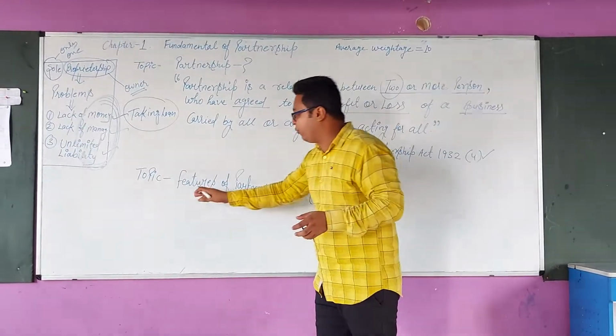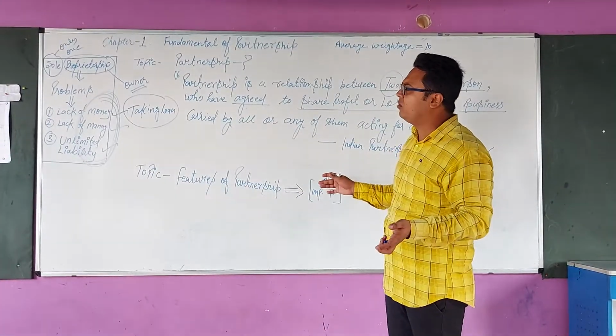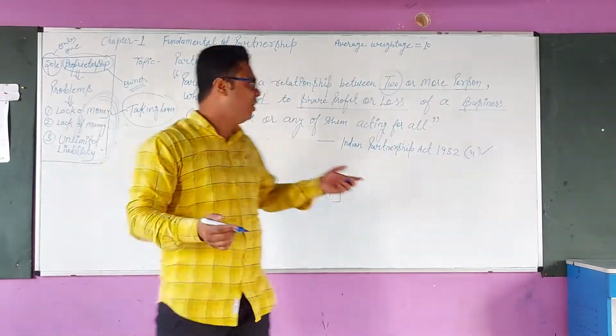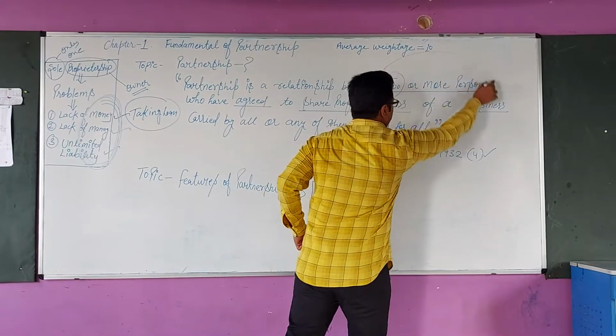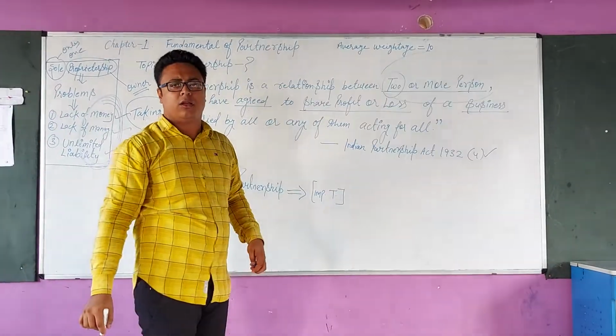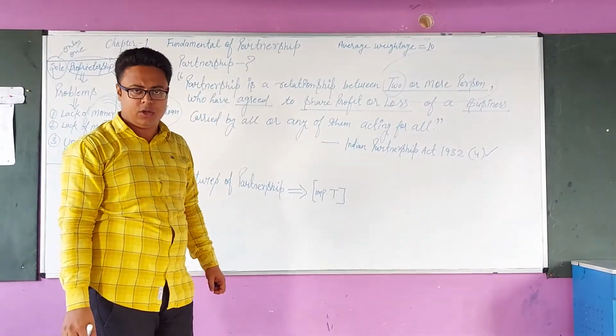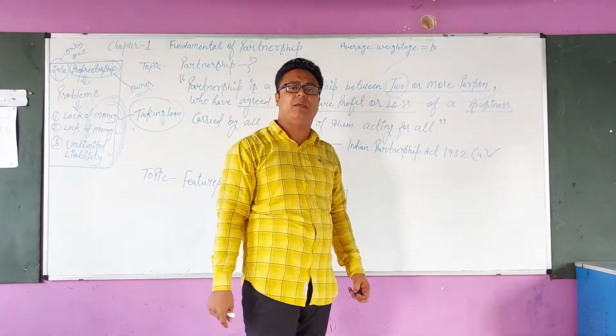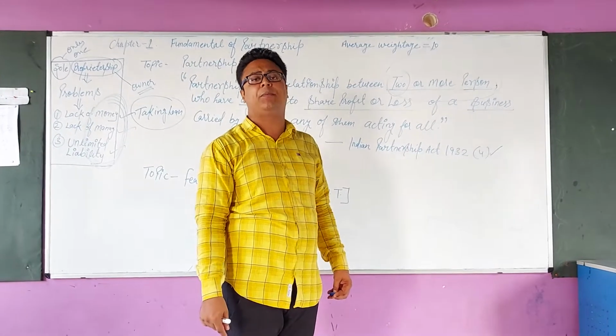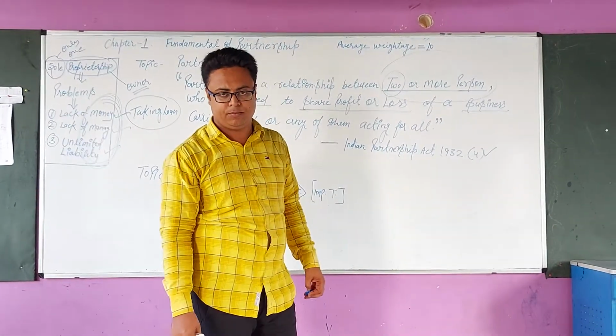Now let's talk about the features of partnership. Features you can see in the definition. The first feature of partnership is two or more persons. As per the Companies Act 2013, Rule number 10 of 2014, there will be a minimum of 2 and a maximum of 50 partners in a partnership firm.